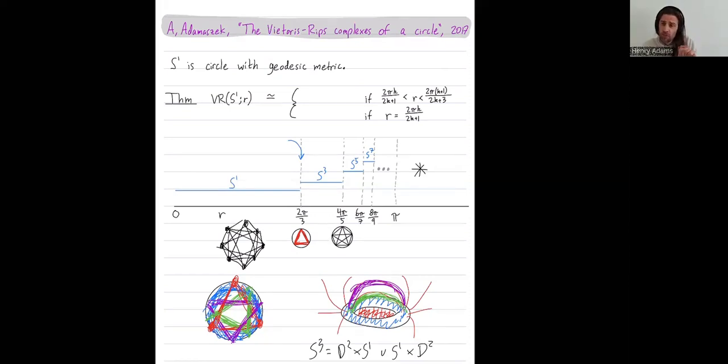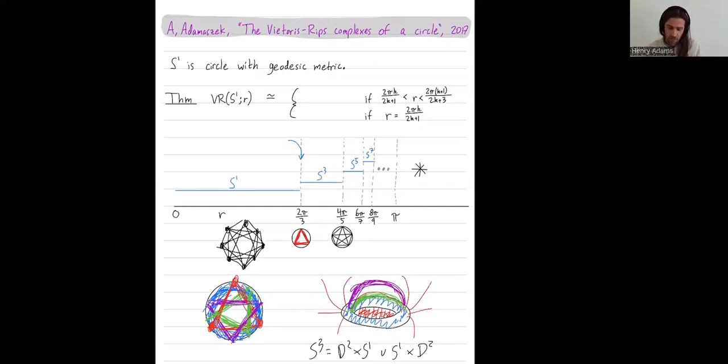First we proved the homotopy type of the Rips complex of any evenly spaced finite sample of points from the circle. For any finite sample of points on the circle, the Rips complex always has a homotopy type which is either an odd sphere or a wedge of even spheres, it turns out.